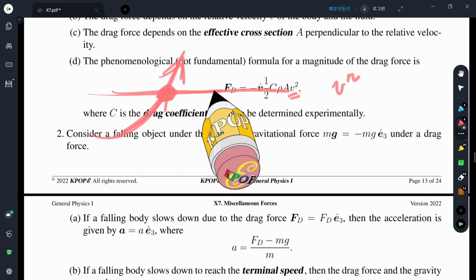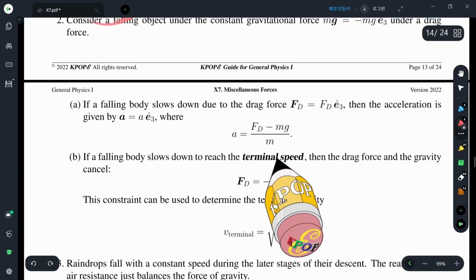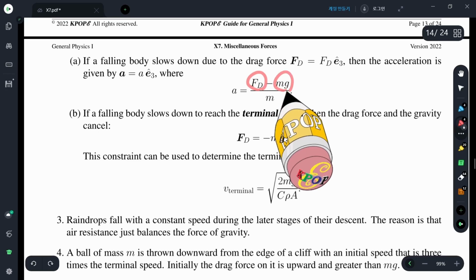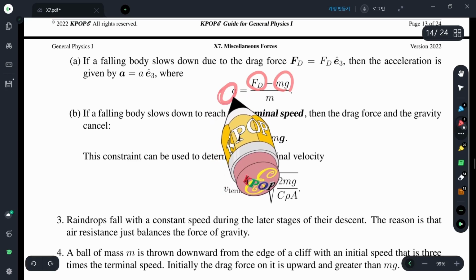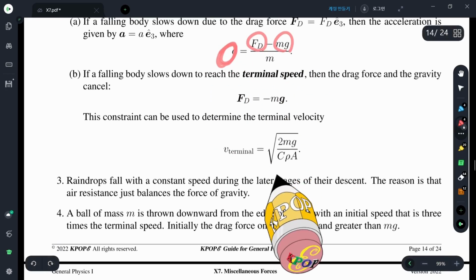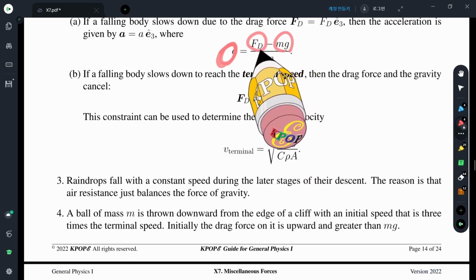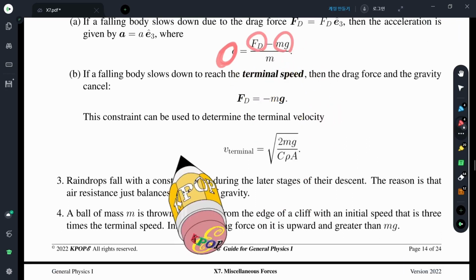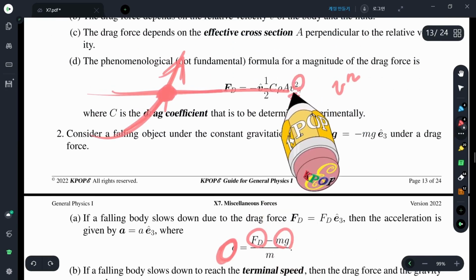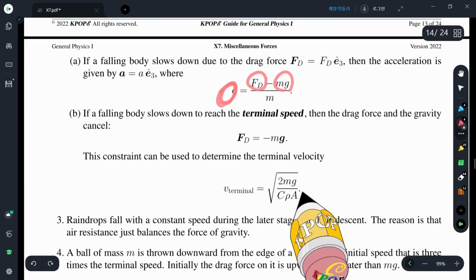It cannot decelerate more to the opposite direction. Because of that, drag force and gravitational force cancel. If we require this to be 0, then we can solve for the velocity where these two forces cancel. In case we have power 2, then the answer is this.